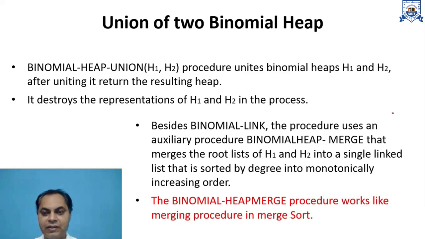It merges the root lists of both binomial heaps H1 and H2 into a single root list, sorted in monotonically increasing order of the degree of the trees. So we can say the binomial merge procedure works like the simple merge procedure of merge sort.